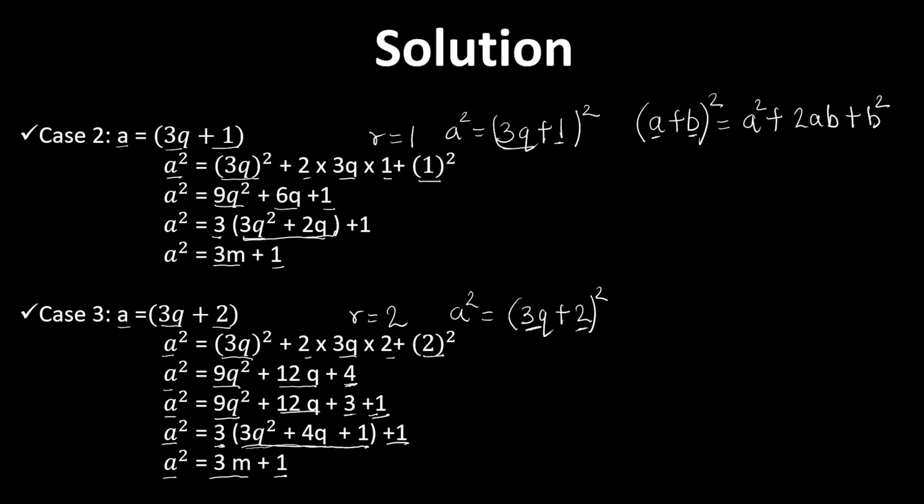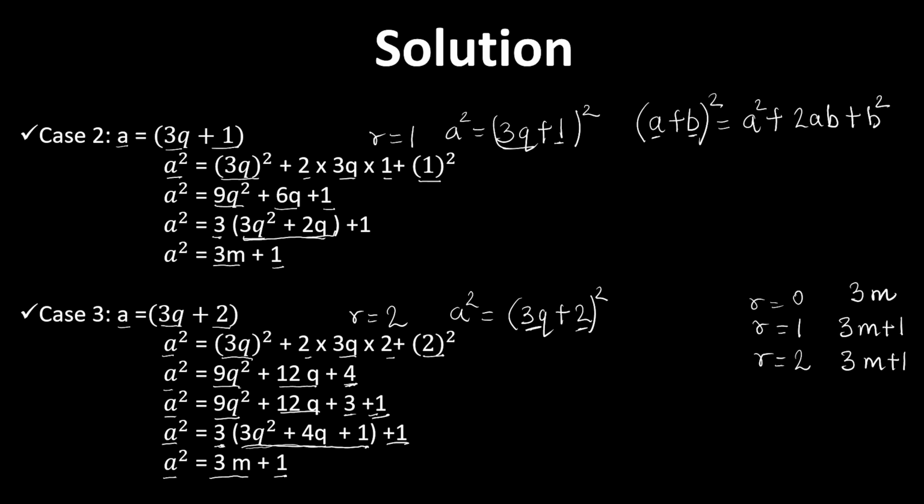So, these were all the 3 cases: in the first case we considered remainder equal to 0, in the second case remainder equal to 1, and in the third case remainder equal to 2. In the first case, we obtained the square of any positive integer in the form of 3m. In the second case, we obtained it in the form of 3m plus 1, and in the third case, also in the form of 3m plus 1.